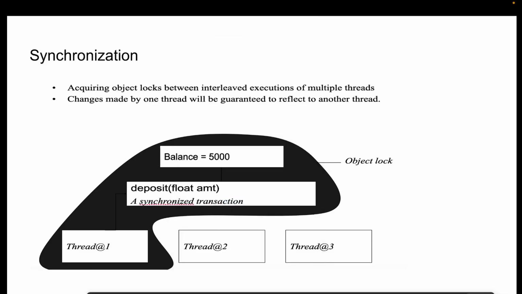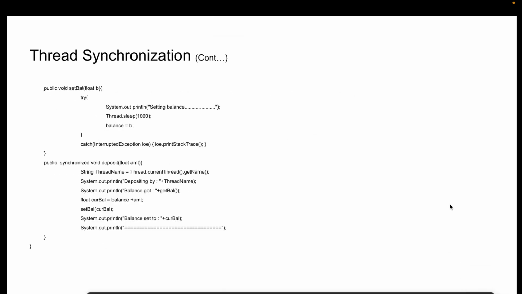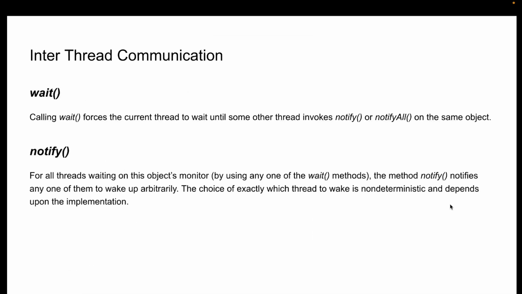Okay, we have seen the synchronization topic. We'll see inter-thread communication. So what is inter-thread communication? It is communication between the threads. Suppose one thread is performing some task, and there are other threads waiting for this thread to complete its task.